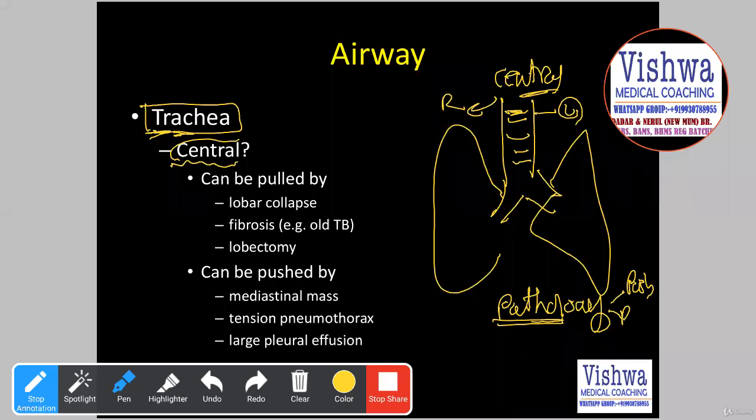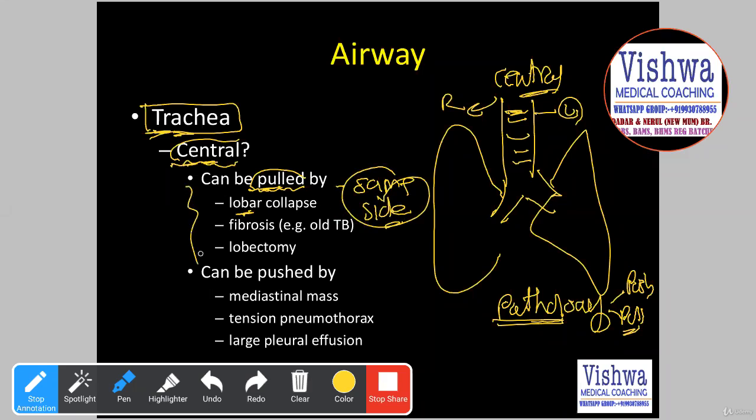So what can pull the trachea? The trachea, which is central, can be pulled by a lobar collapse. Remember, if it is a pull, then it is on the same side as the pathology.